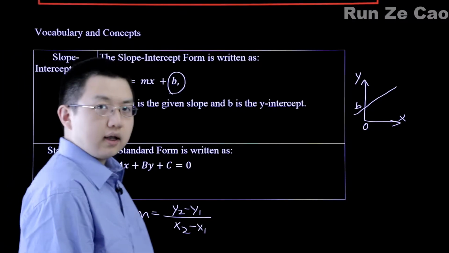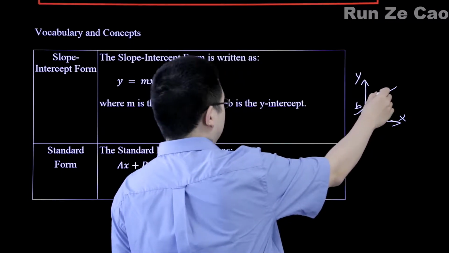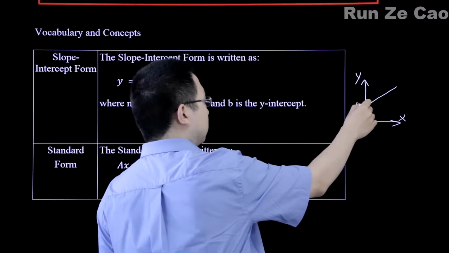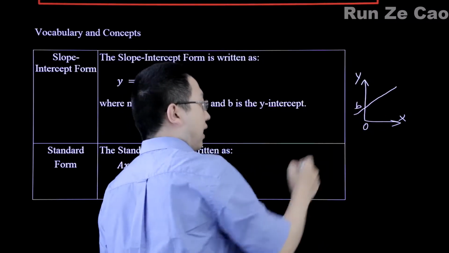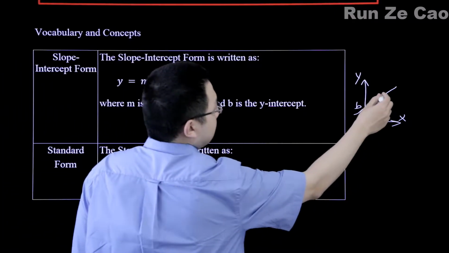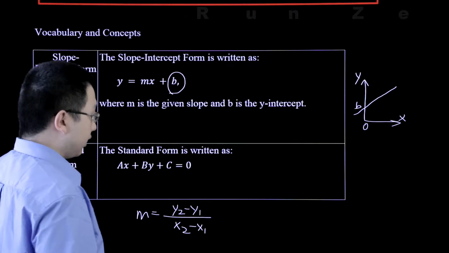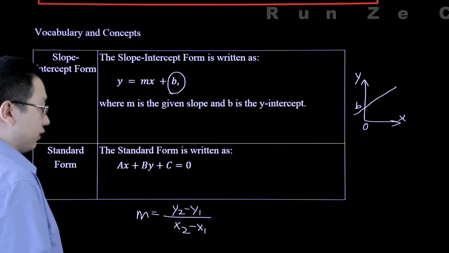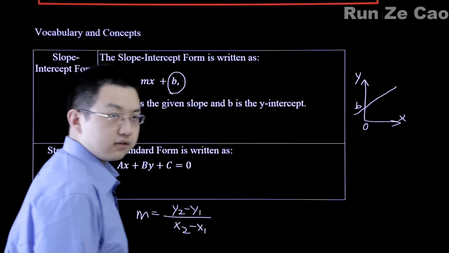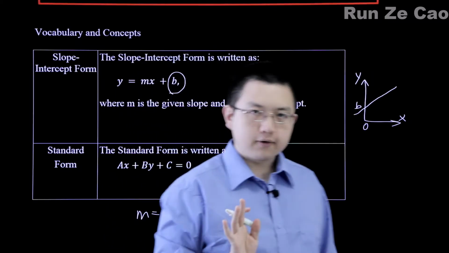Now wait a second, what if we're going from x1 y1 to x2 y2, except down? Well, we find that the vertical y2 minus y1 would be negative, and the horizontal would also be negative, so the slope still comes out as positive. So which way you do it between the 2 points doesn't matter.